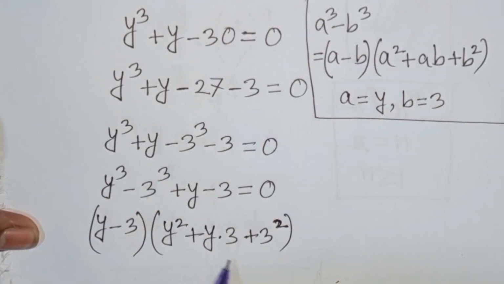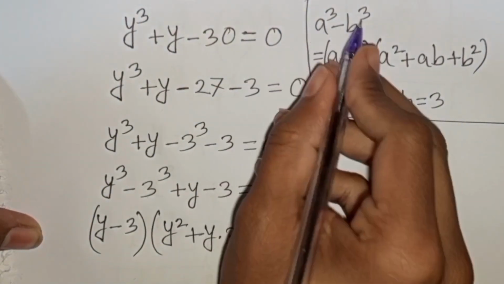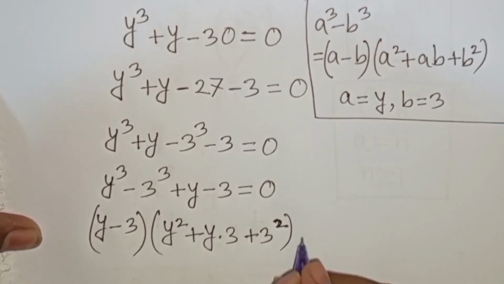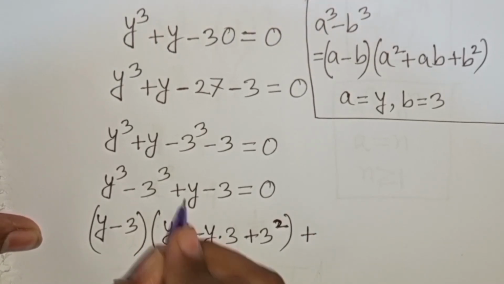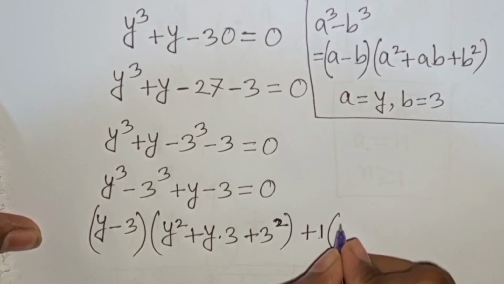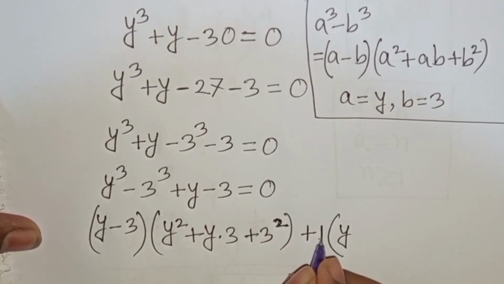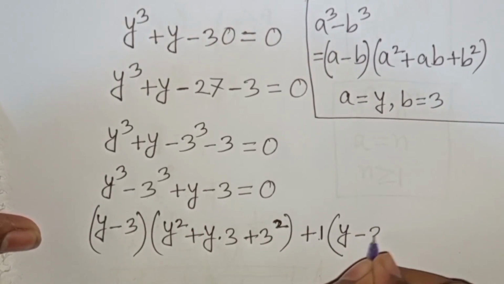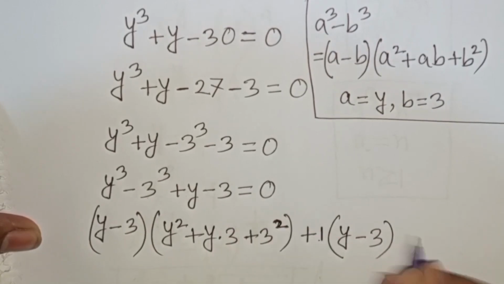Then plus, here plus 1 is common, so plus 1 is out of the bracket, so this divided by this, it will be y minus 3 divided by plus 1, that means it will be minus 3, then bracket close is equal to 0.